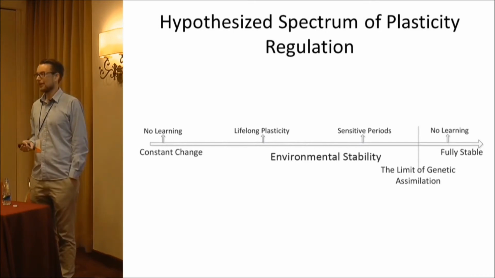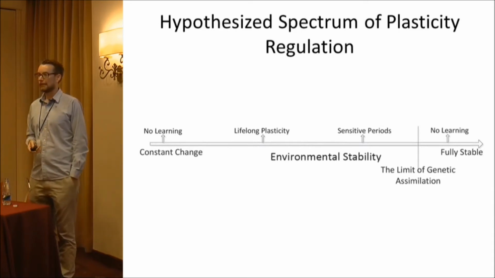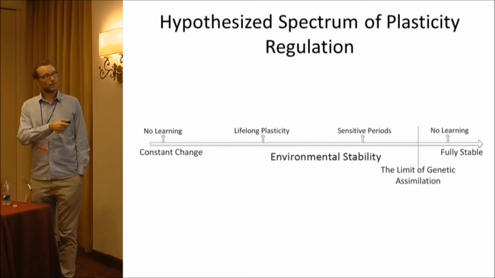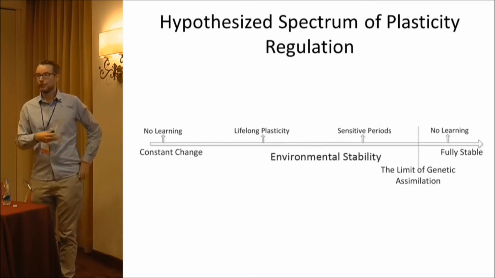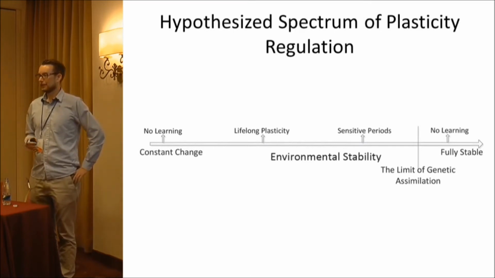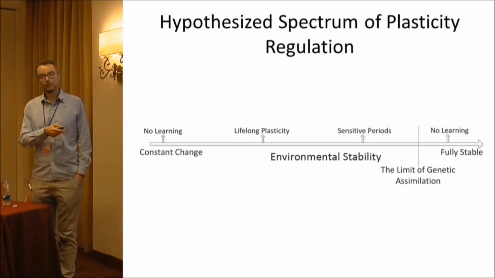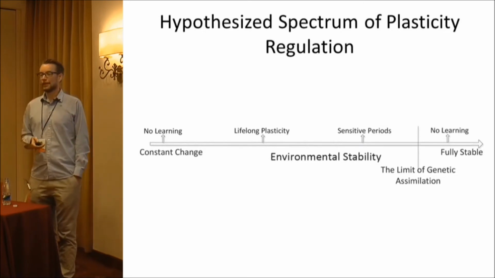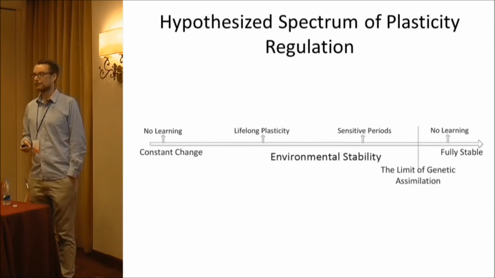You need to learn to stay adaptive. And therefore the cost-benefit ratio is quite high. So now I wanted to set up this range of environmental stability and evolve learners throughout this range and see what sort of strategies they evolve. And then I wanted to see if I can see the relationship between the genetic assimilation we typically see in the Baldwin effect and these sensitive periods that we have also observed in biology.